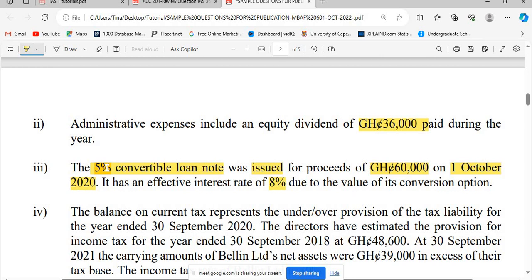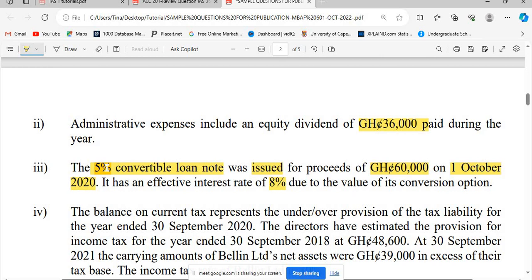So instead of them being creditors, they now have the right to become shareholders. They have two options: either to redeem the full loan or convert their loan into equity. Hence, they become shareholders. So that's the benefit of a convertible loan note.